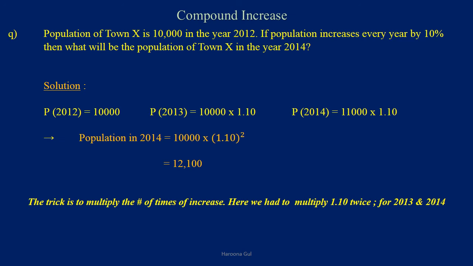If, let's suppose, we had to find out the population for the year 2015, then we would have multiplied 10,000 with 1.10 the whole cubed, right? So it depends on the type of question that you're getting, and solve it accordingly, right?